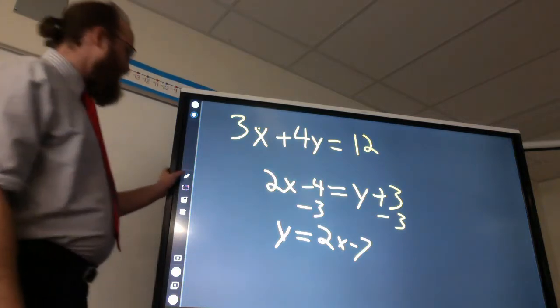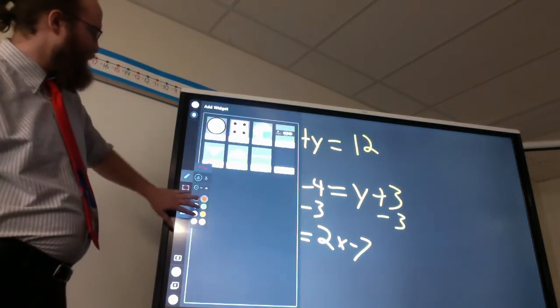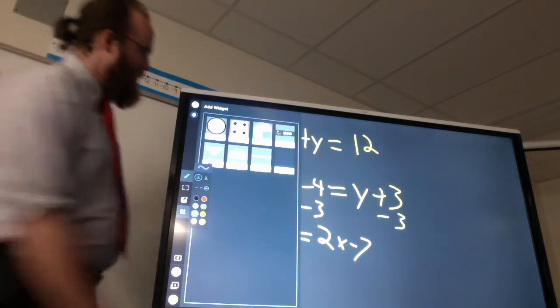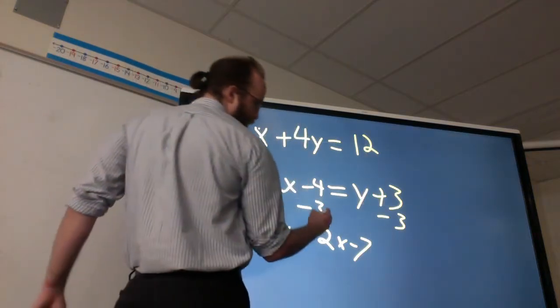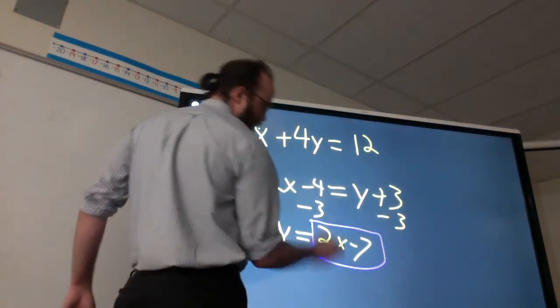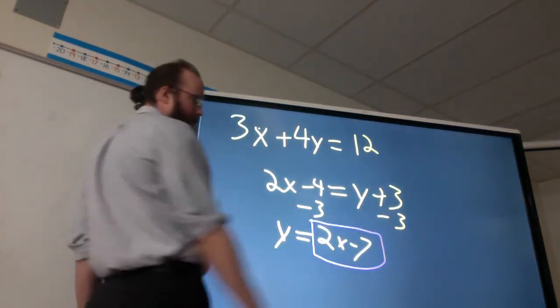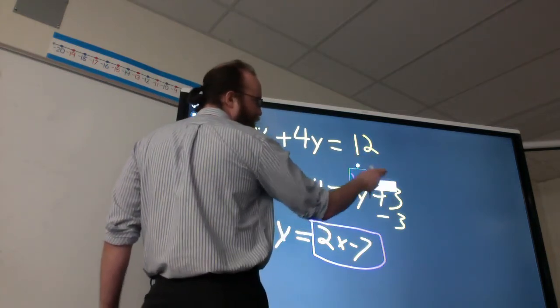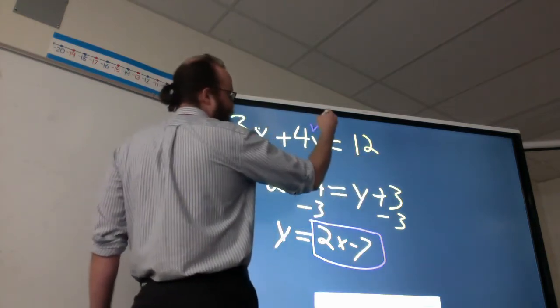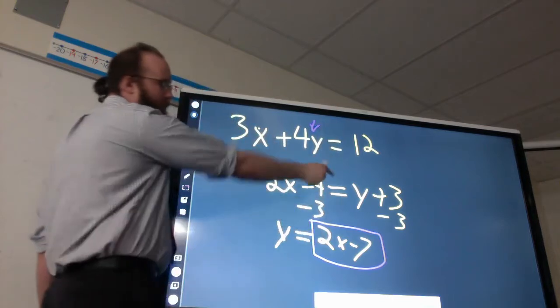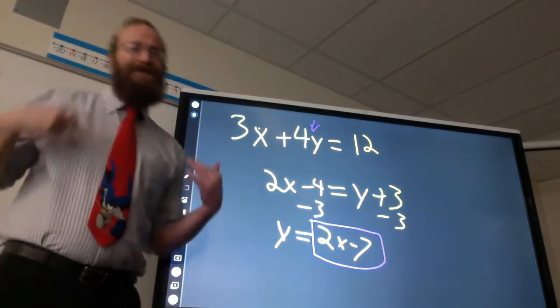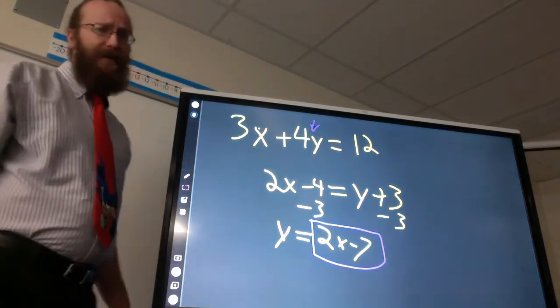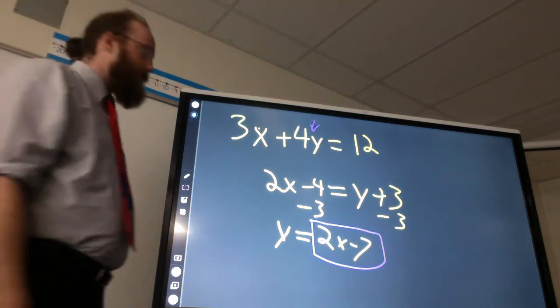Now, I can take that 2x minus 7, right? I can take this guy right here, and I can plug him in for where the y value is in the first equation. We do not want to plug them into the equation we just used because then we haven't really done anything and we'll get an answer that looks like 0 and it won't be correct.